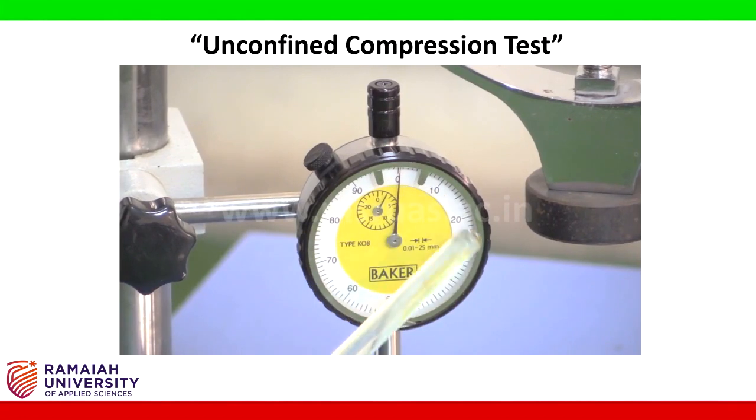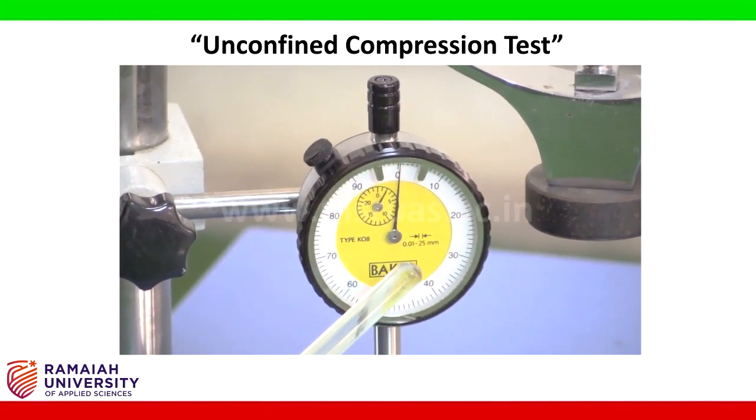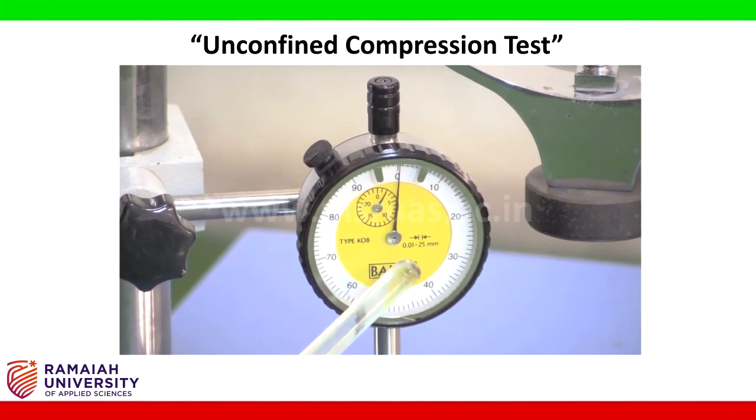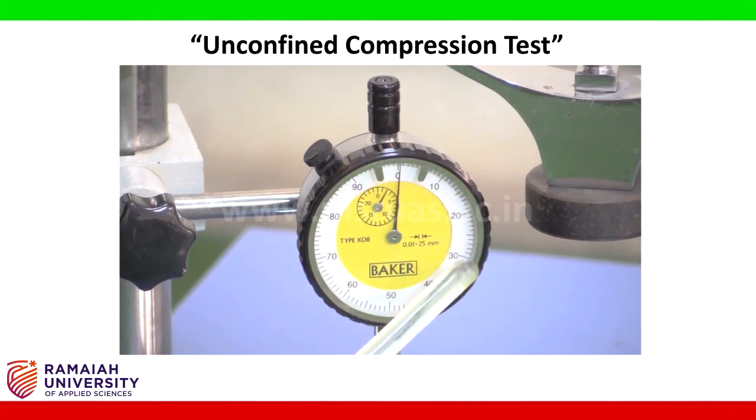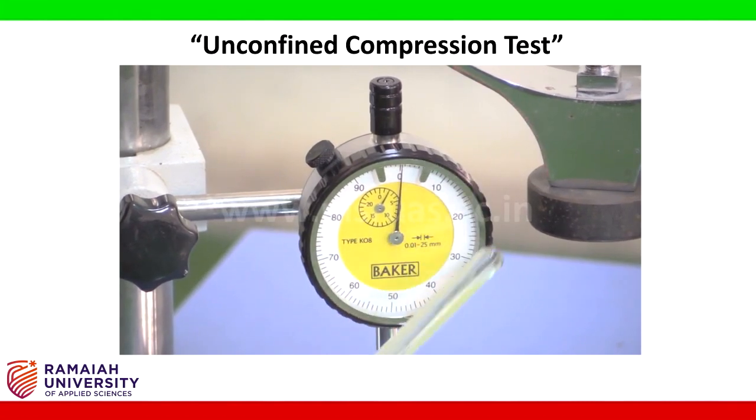Now this full dial is divided into 100 small divisions, and each division represents 0.01 mm. That means when one full complete rotation is over, you will get 1 mm deformation. Similarly, for each full rotation, you will get 2 mm, 3 mm, like that.